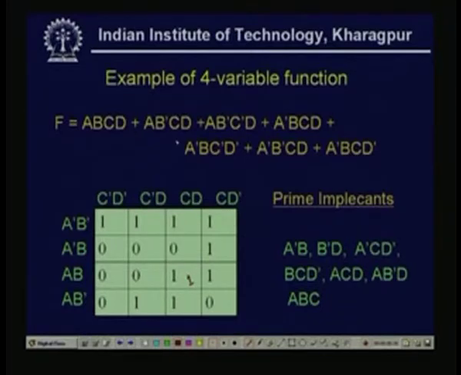A B bar C D, this is my second minterm. A B bar C bar D, this is my third minterm. Then A B bar C D again has come because it is already there. A B bar C bar D, take this one as A B bar C bar D. Okay. So, this is my fourth minterm.